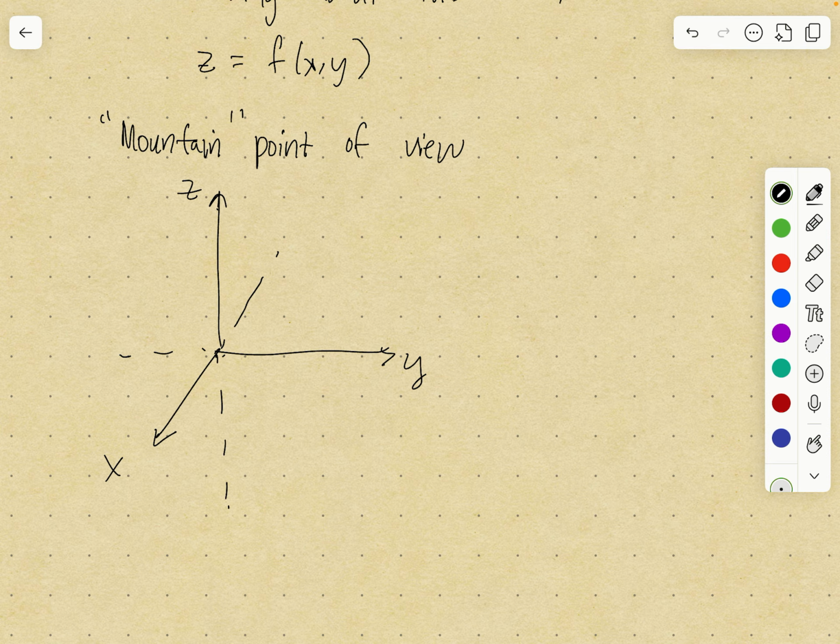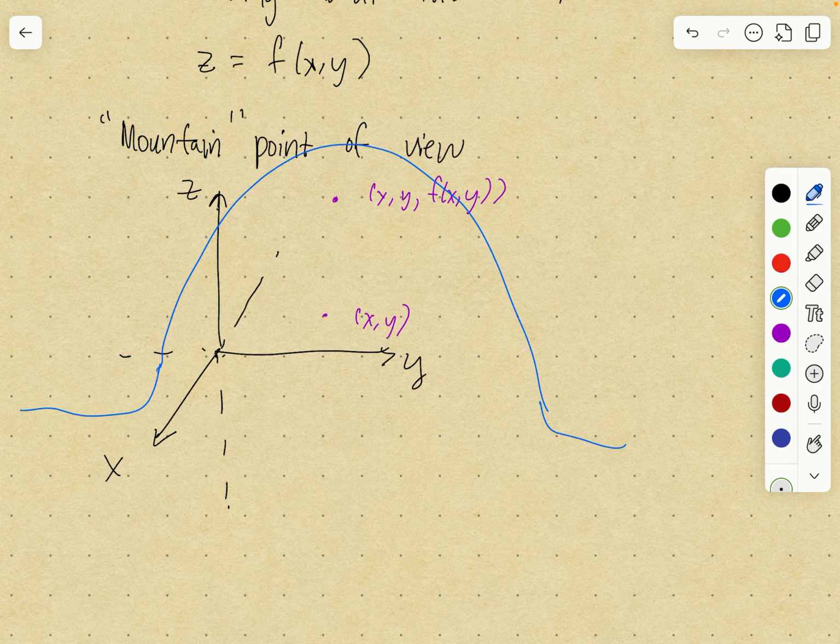And then you look at the graph of the function. So you take your f of x comma y, so you plug in your x comma y here. So it's on the xy plane, and then you get the output x comma y comma f of xy. And that has three components, and then you get this point, and then when you graph all the points, you get like a surface. So you get some surface like this.